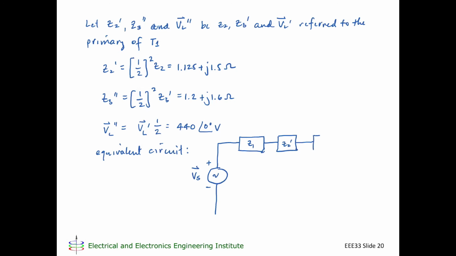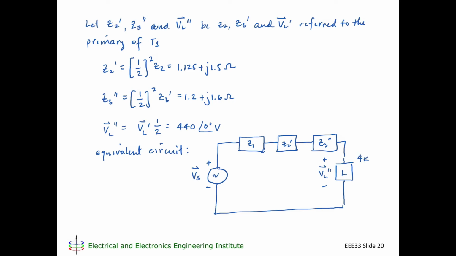And then I will have Z3 double prime. Okay. And then I will have my load, where now this voltage is VL double prime.